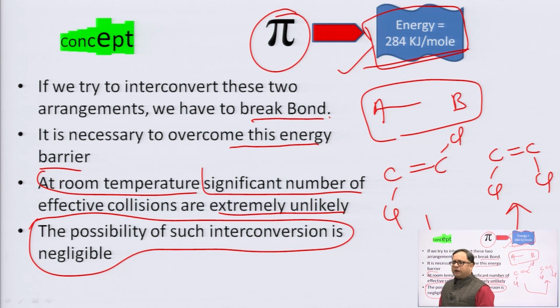So, the presence of the pi bond and the energy required to break this bond is the basic concern that is hindering the conversion of structure A into B. Restriction of rotation creates this energy barrier, and due to the presence of this energy barrier, we are not able to convert one structure into another just by rotation.